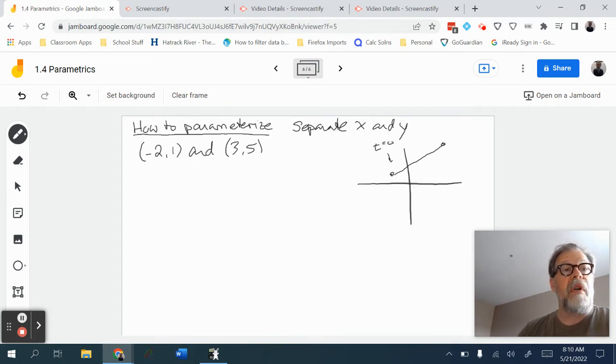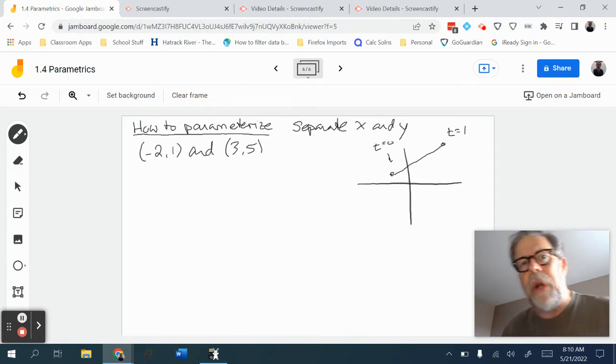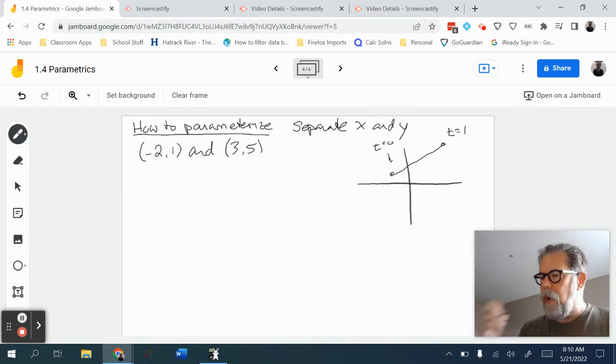And we want to say it's going to take a second to get to here. Why a second? Well, again, pretty arbitrary, but for the sake of this discussion, we're going to take 1 second to get there. So the question is, what happens to the x value?